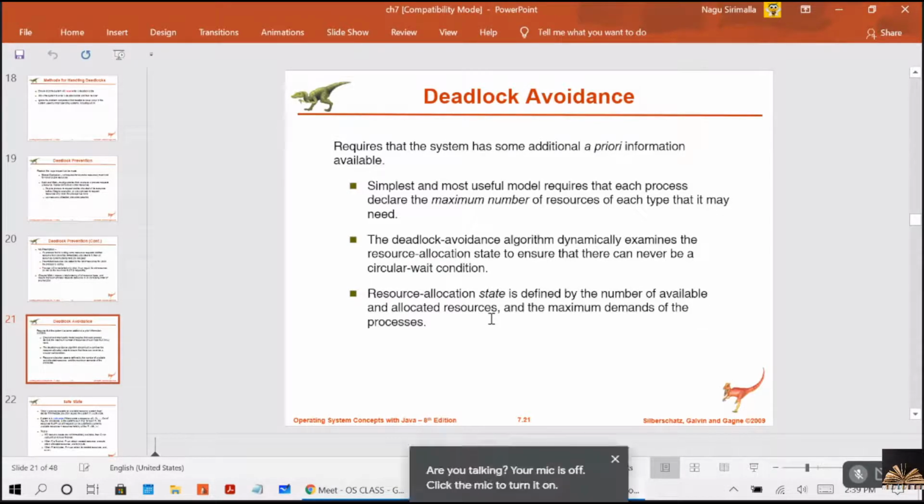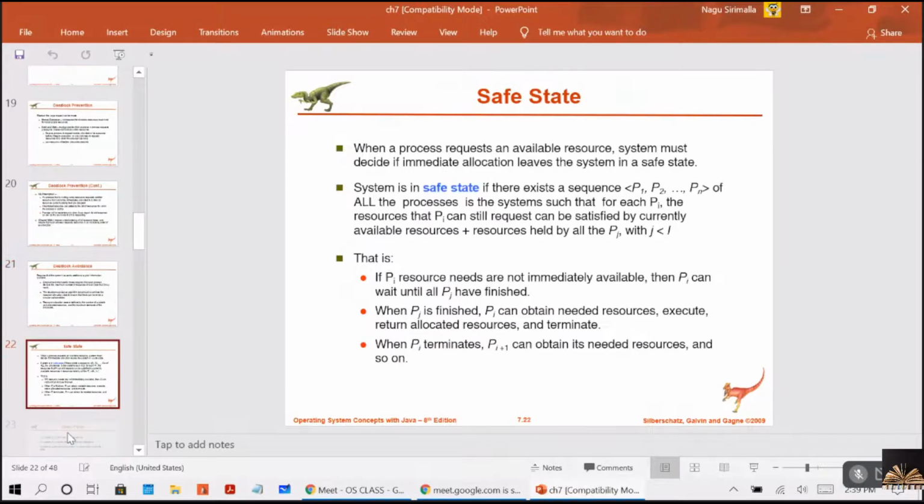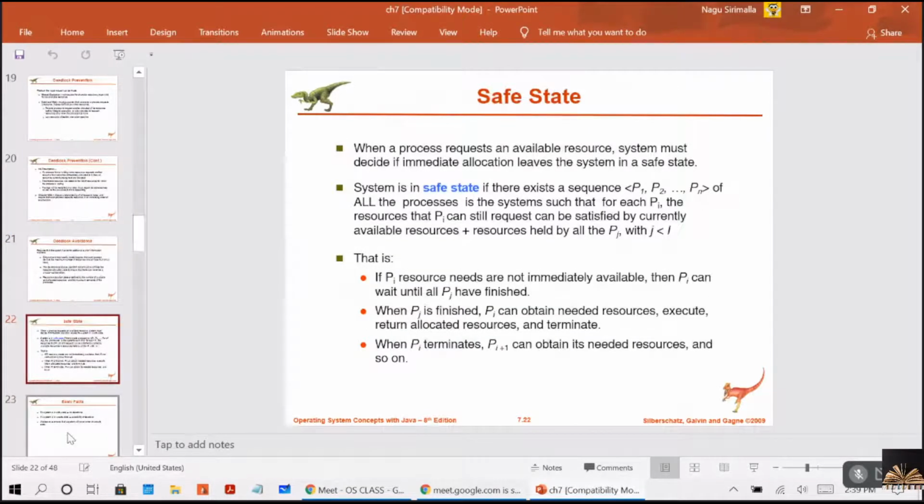Now, algorithms for deadlock avoidance. A deadlock avoidance algorithm dynamically examines the resource allocation state to ensure that a circular wait condition can never exist. So we will be using a resource allocation state algorithm for making sure that the circular wait condition will never exist.